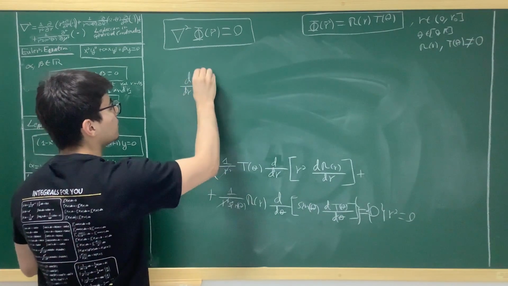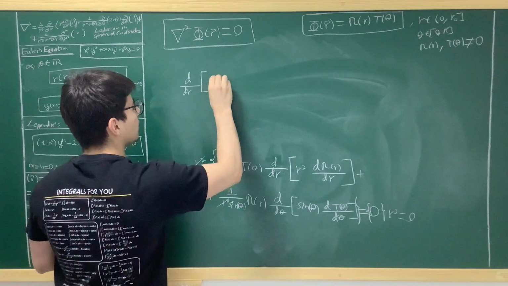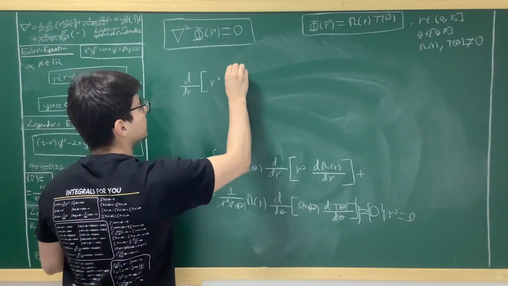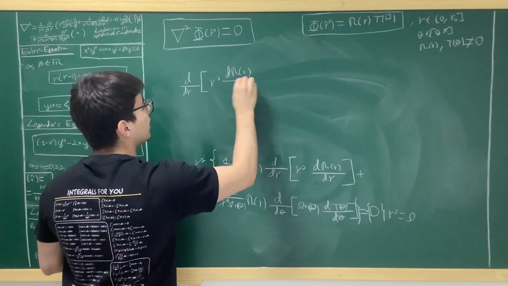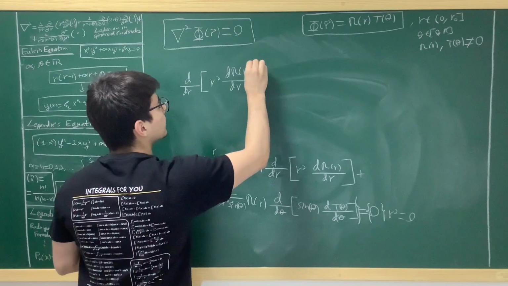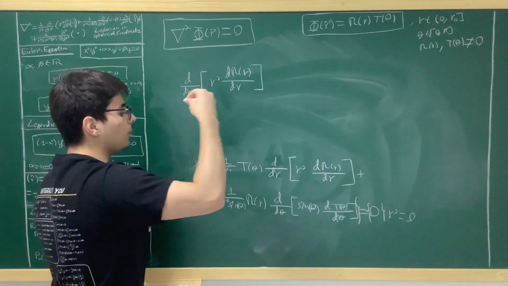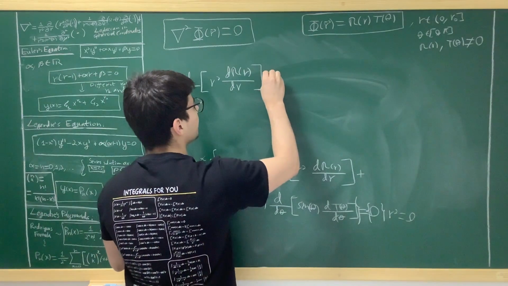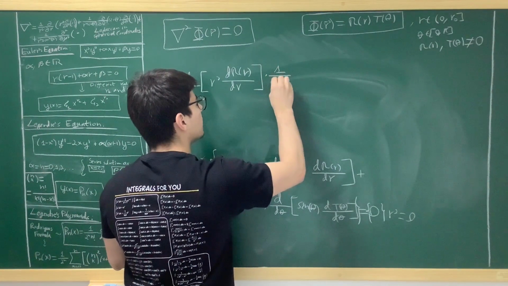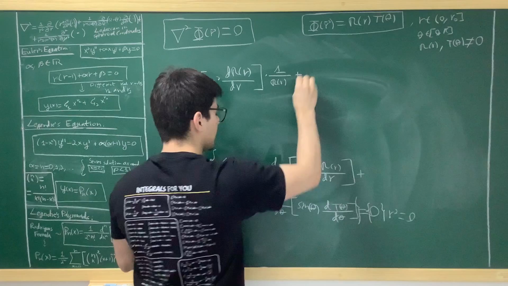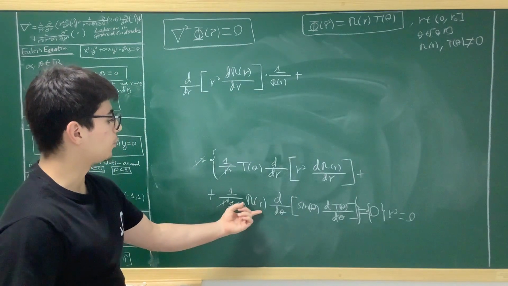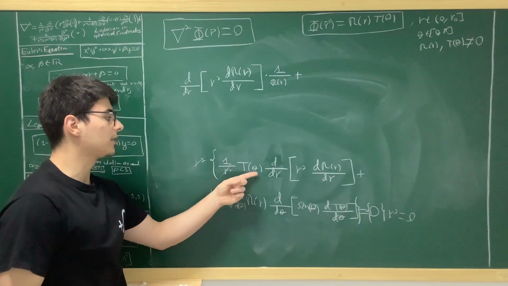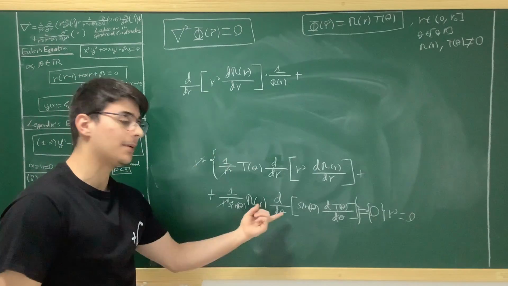Derivative with respect to r of r squared, the derivative of r with respect to r. But we have also divided by r, so we have to multiply by 1 over r. Plus, well, we no longer have this r, but we have this t, which came from dividing.